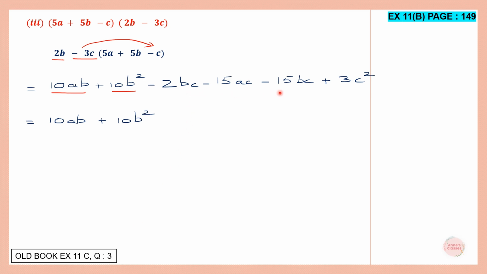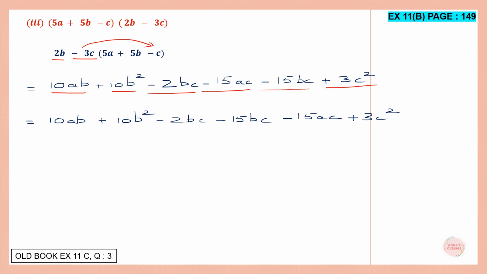Do we have another bc? Yes, here we have another bc. So this is minus 2bc and minus 15bc. Let's write it. Then we have an ac here. We don't have another ac, so we can write it as it is. Minus 15ac. And the last one that is there is plus 3c square, and we'll write it.